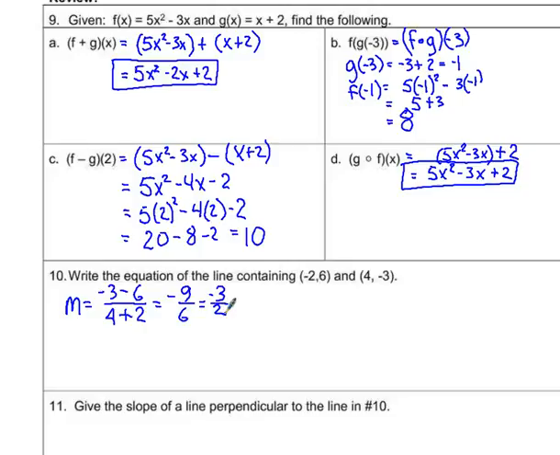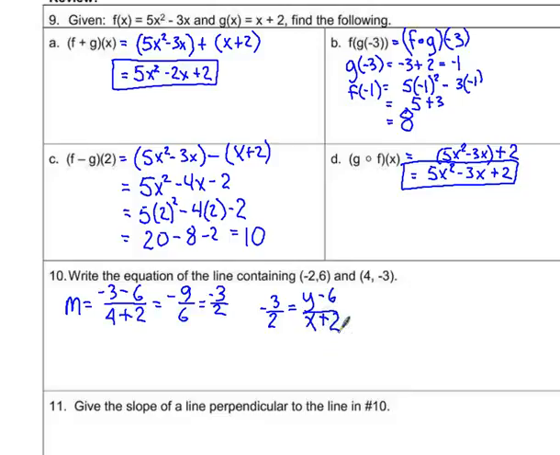What we're going to do is say -3 over 2 is equal to y minus. Pick either point. It doesn't really matter. I'm just going to pick the first point up here, and I'm going to say y minus 6 over x minus a -2, so that's x plus 2.